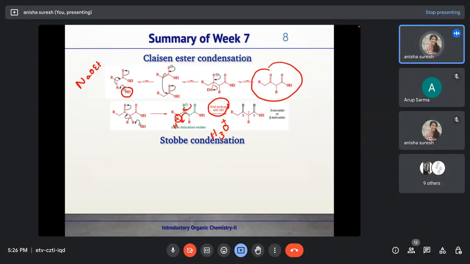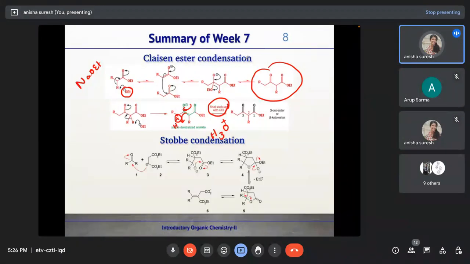Another name reaction is the Stobbe condensation. In the Stobbe condensation, we have a diester like this. In the presence of base, the alpha proton of that diester will be abstracted, and we will get this anion. That anion can add onto the electrophilic carbon of this ketone, and we will get this intermediate.